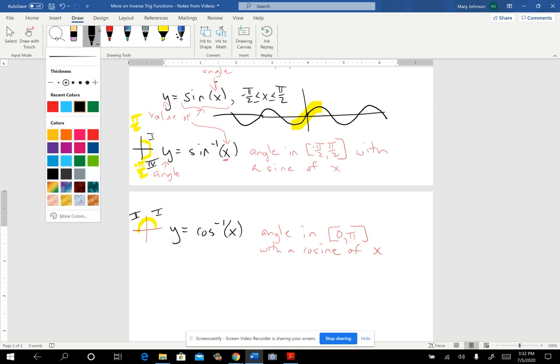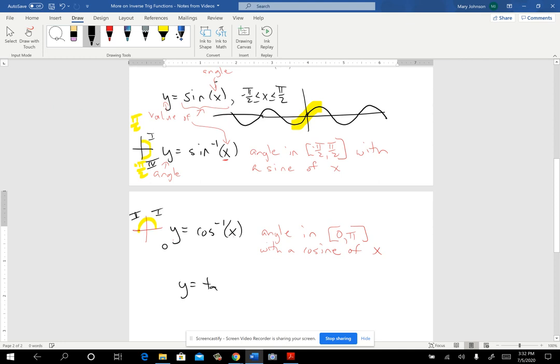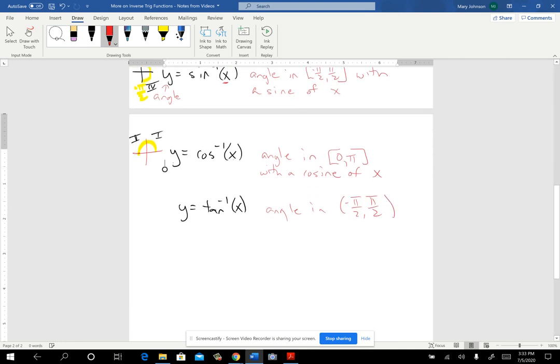Tangent was also first and fourth, okay? There we want an angle in the region from negative pi over 2 to pi over 2, but we can't include the negative pi over 2 and the pi over 2 because we have vertical asymptotes there.